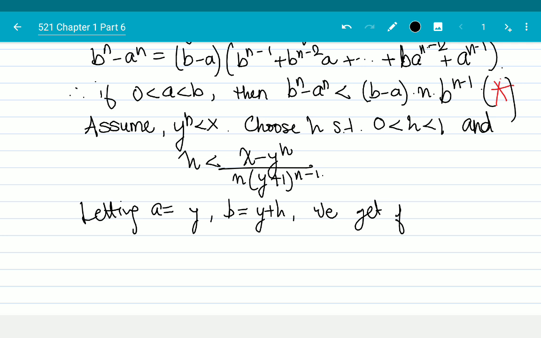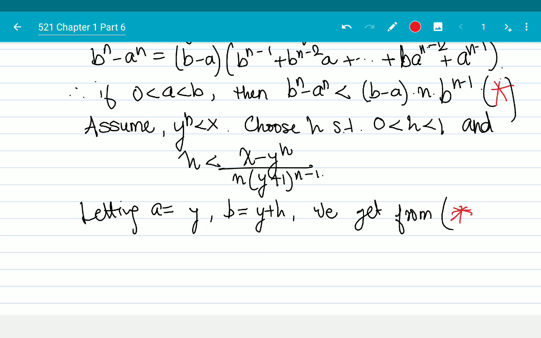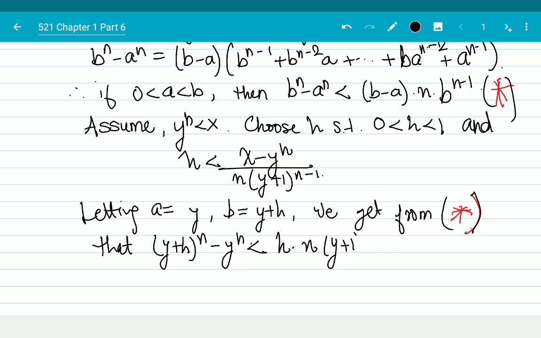We get from star that Y plus H to the N minus Y to the N is strictly smaller than B minus A, which is just H, times N times Y plus H to the N minus 1.